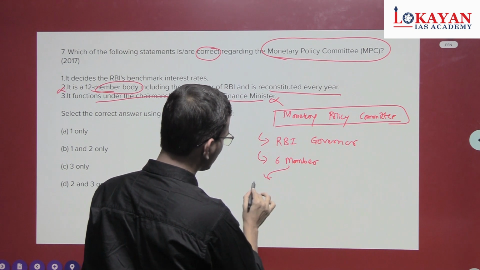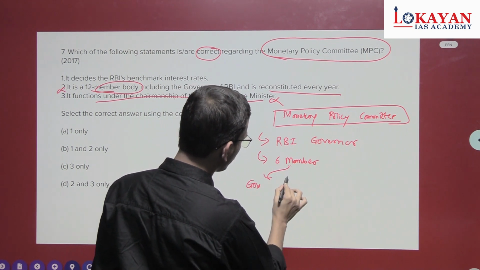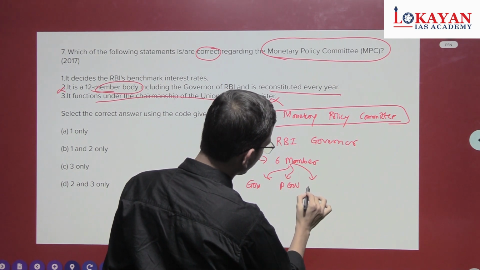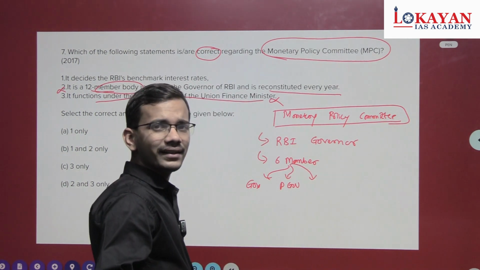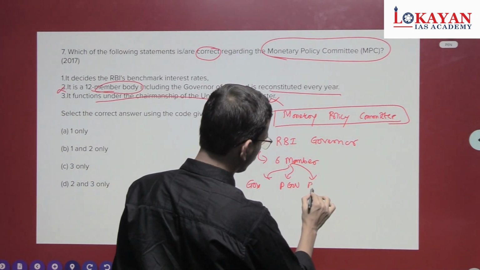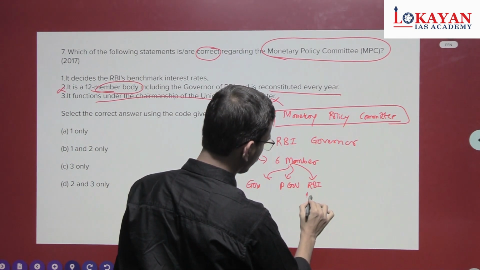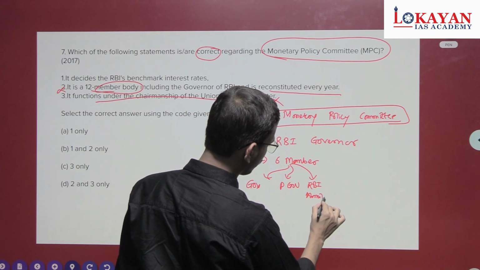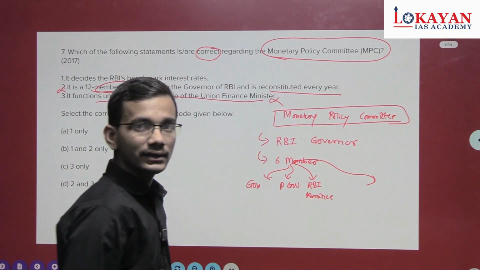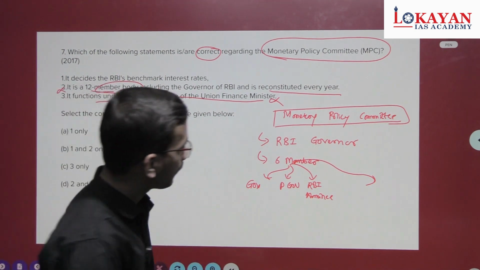Six-member body: governor, deputy governor, member nominated by Central Board of Directors of RBI, and 3 government nominees.